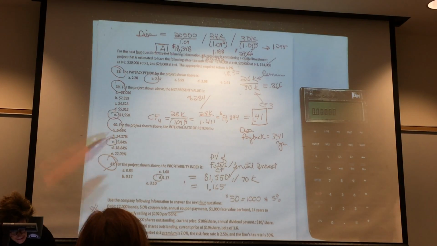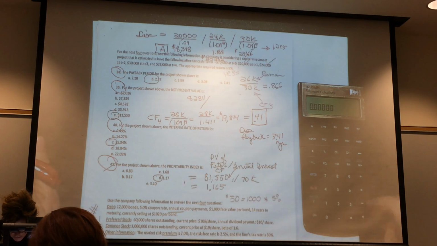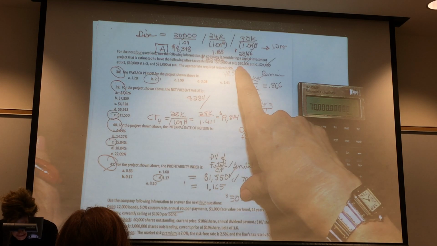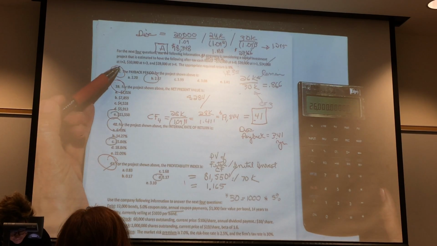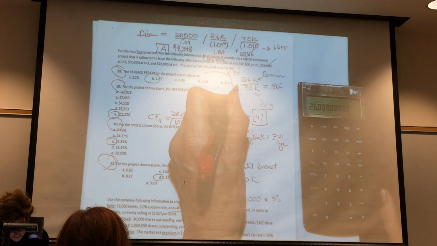So in order to do that, I took my initial cash flow of 70,000 minus the 20,000 minus the 24,000. That gives me $26,000 left. That's what I have remaining to cover at year 3.